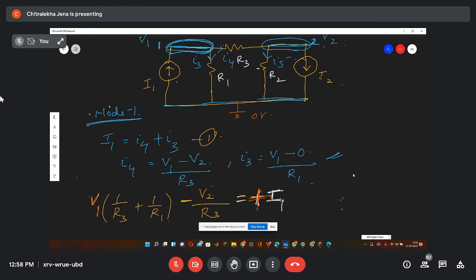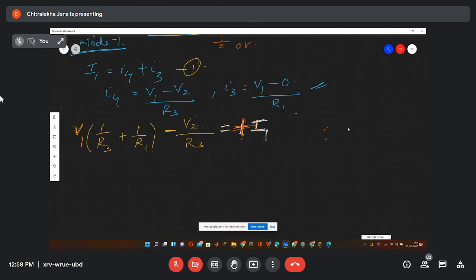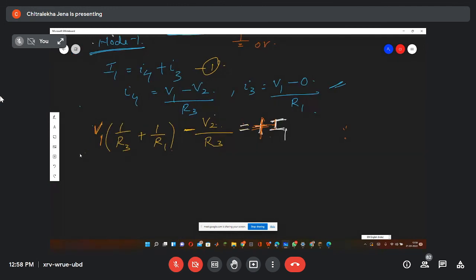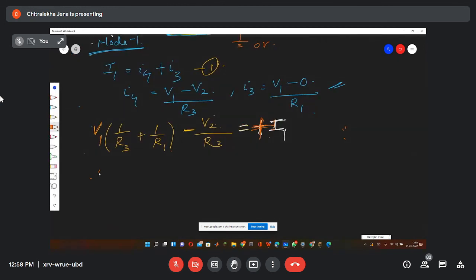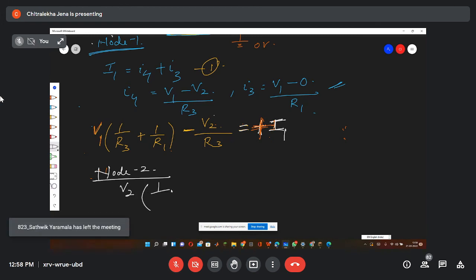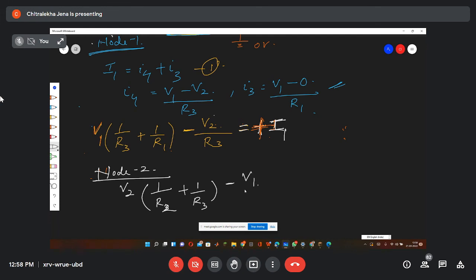Only a small difference is there. Now tell me for node 2. Node 2, what is the equation? Just looking at the network, you tell me. So many times I have told you: V2 multiplied with how much? 1 by R2 plus 1 by R3. Very good. Minus V1 divided by how much?